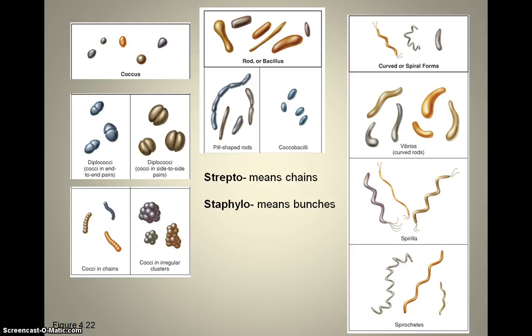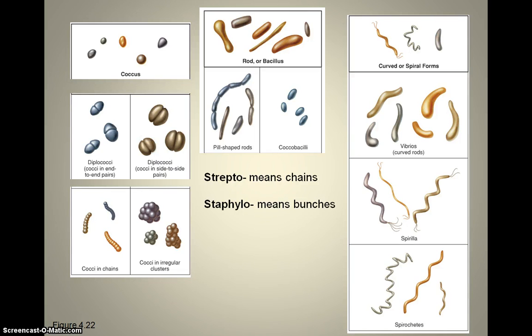Now the names originally were grouped because of what they looked like underneath the microscope. So we've talked about Staphylococcus aureus and Streptococcus pyogenes when we've gone through our infectious diseases, and those genus names resulted from first seeing them and grouping them based on what they looked like under a microscope.